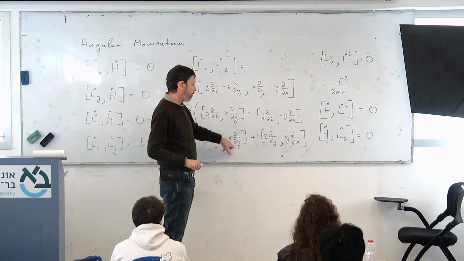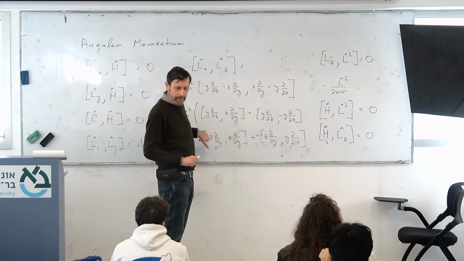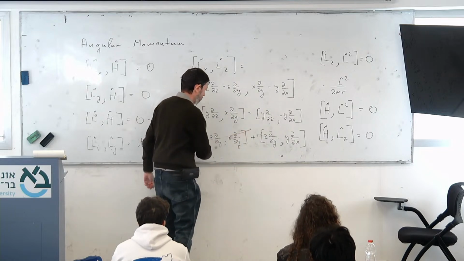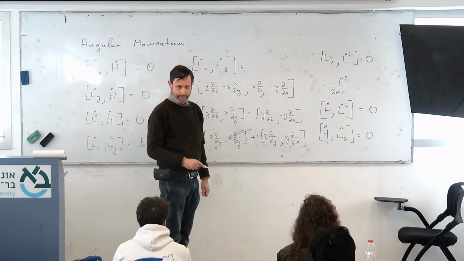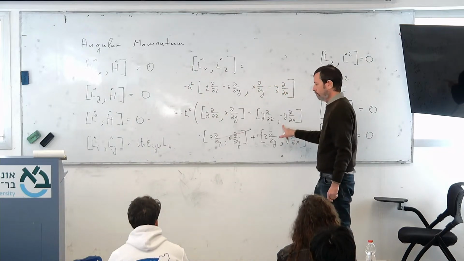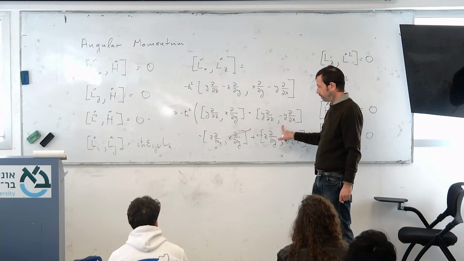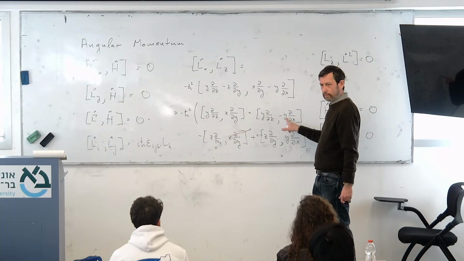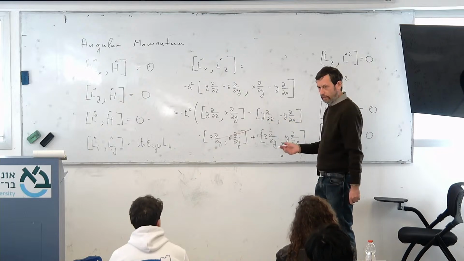The derivatives are according to y, and this is x and z. Can't be a commutation different than 0. Here again, it's y and the derivatives are z and x.